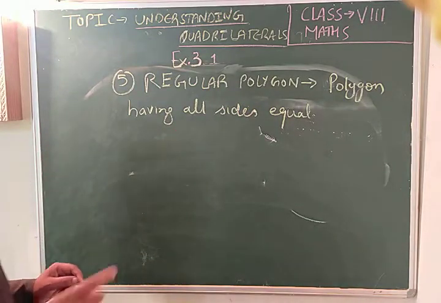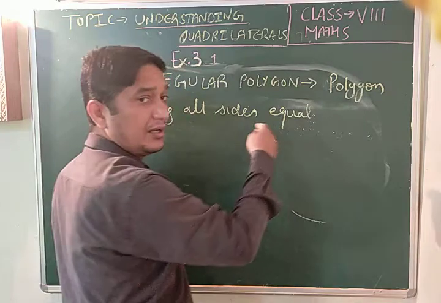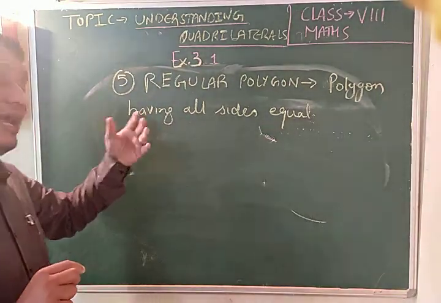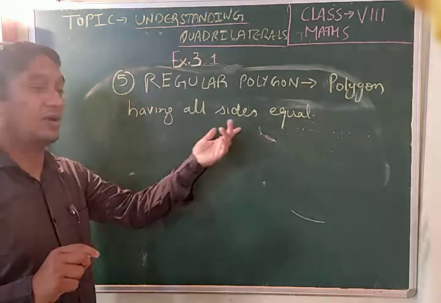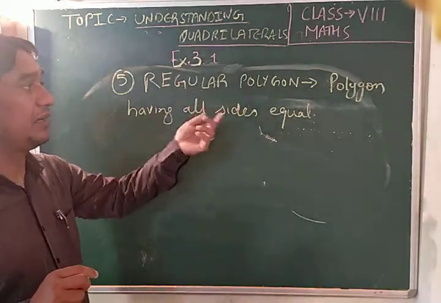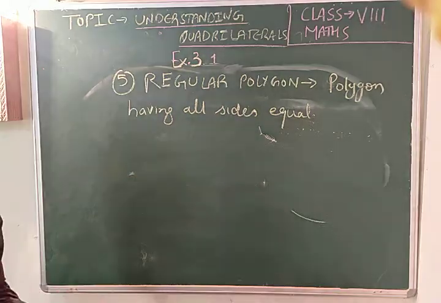And children, remember, if all sides are equal, all angles will automatically be equal. And if all angles are equal, all sides will automatically be equal. So you can say that a regular polygon has all sides and all angles equal.